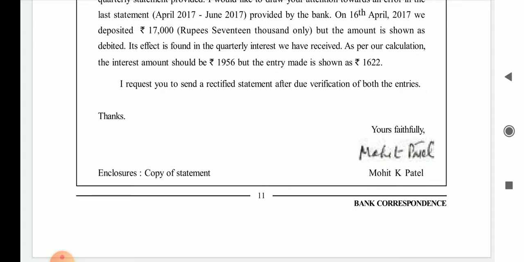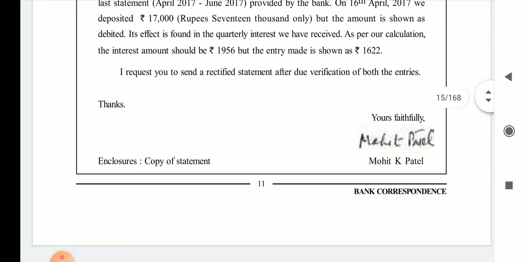As per Mohit Bhai's calculation, he should get interest of 1956, but instead he gets only 1622 rupees as interest. That means he loses 240 rupees.